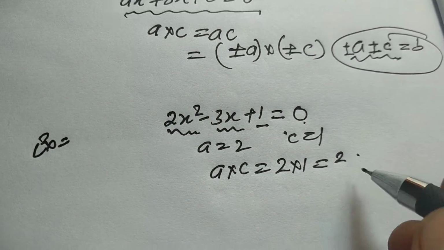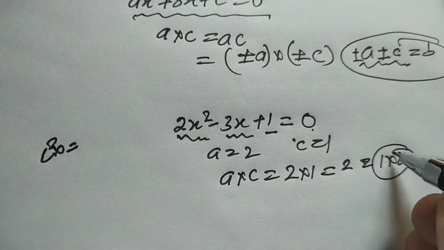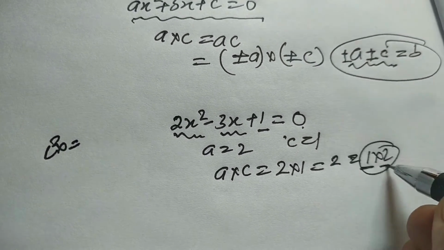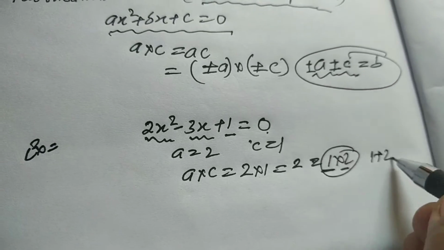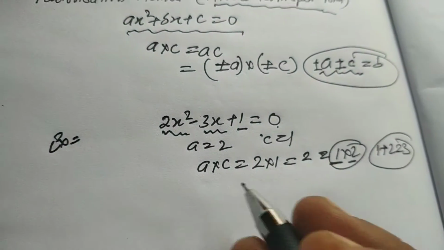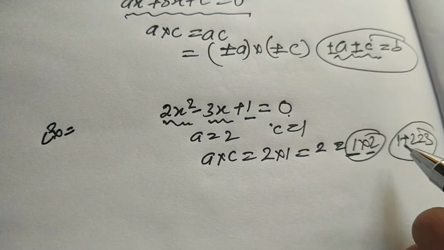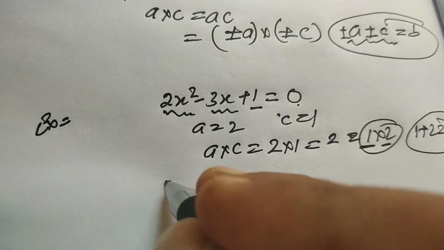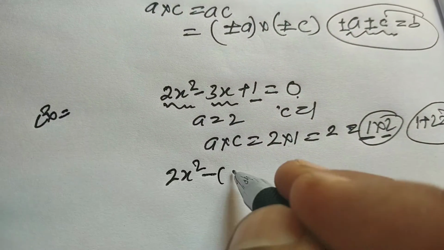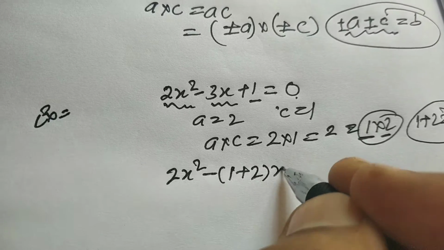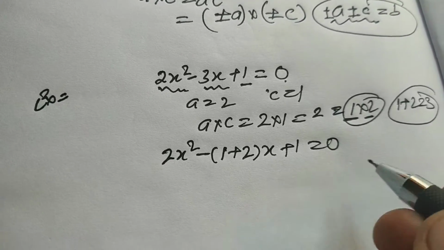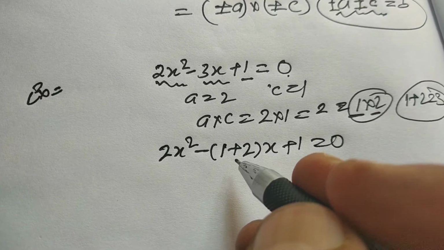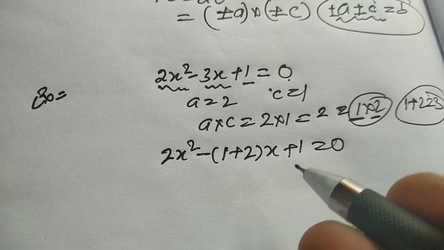If you check the factors, this is 1 into 2, and if I add 1 and 2, 1 plus 2 is equal to 3. So put 3 as 1 plus 2. This is 2x square minus (1 plus 2) into x plus 1 is equal to 0. Now the middle term has been split into two terms, that is 1 and 2.